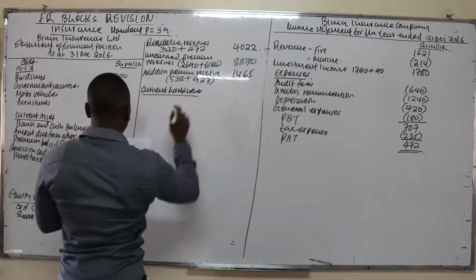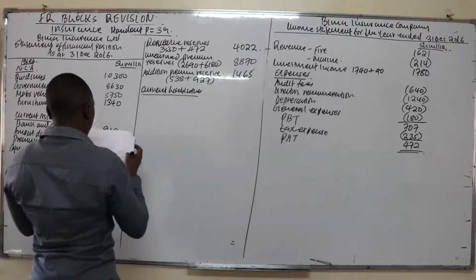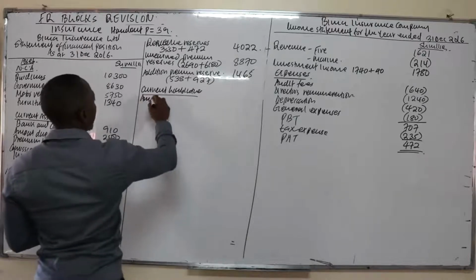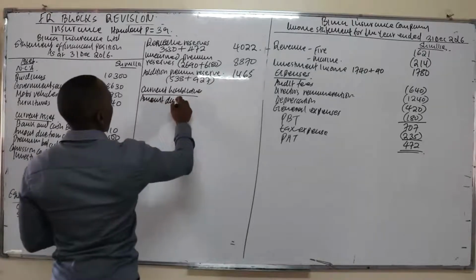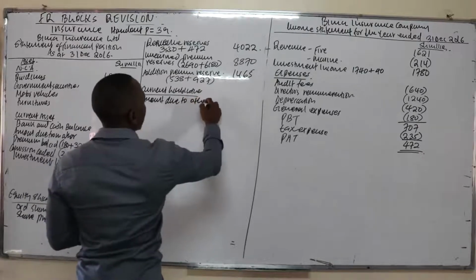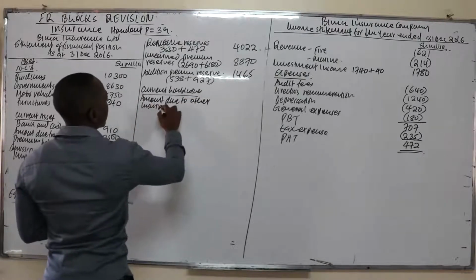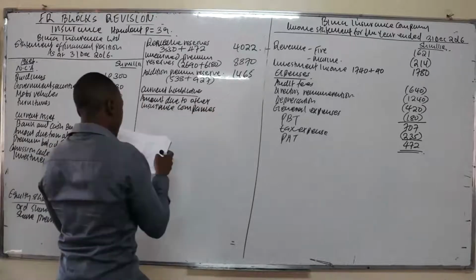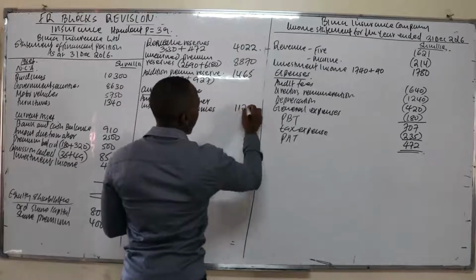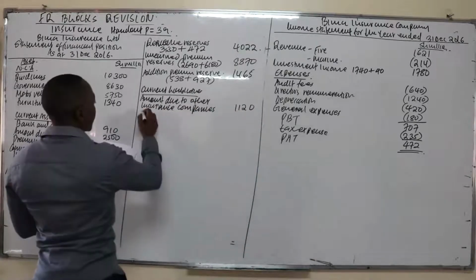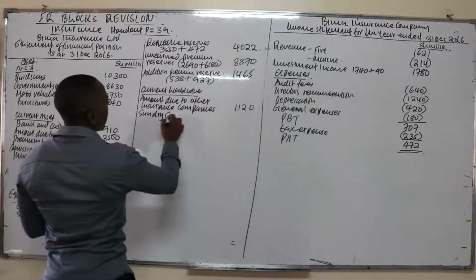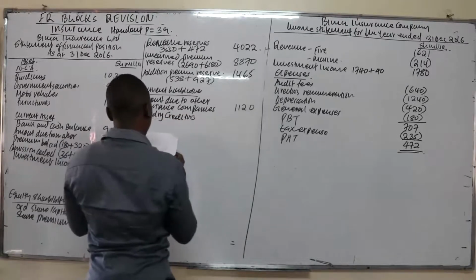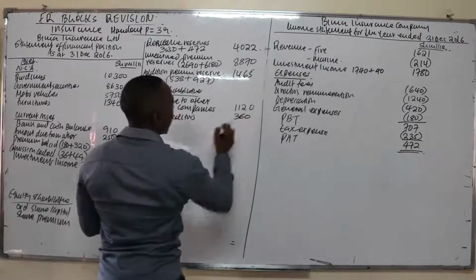We have amount due to other insurance companies, an amount of 1120. Then we have sundry creditors, and for the sundry creditors, we have an amount of 360.